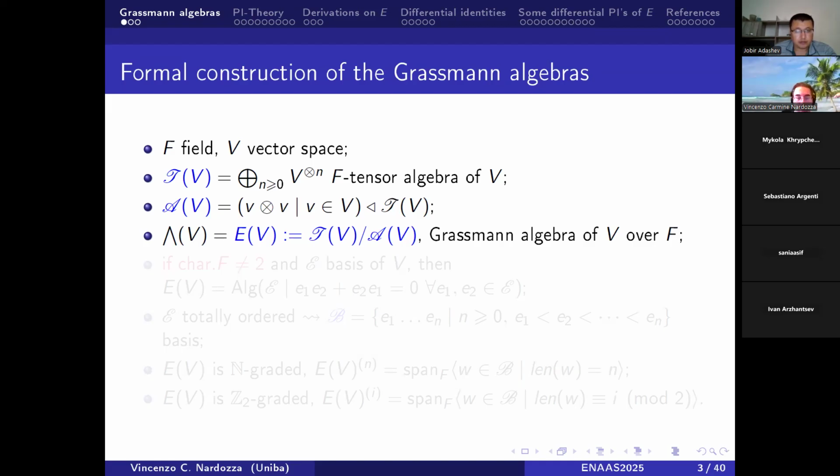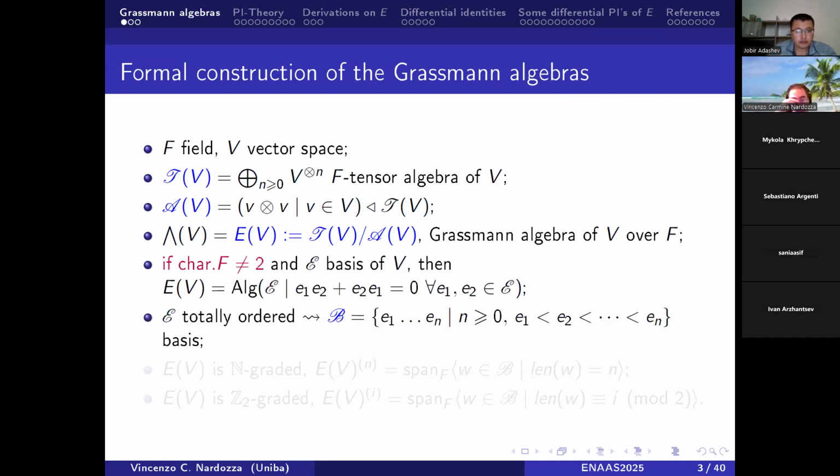The E means exterior. Okay, these constructions, in fact, work in general, starting more generally from a module over a commutative ring C. But here we have a vector space over our field, and so we can give another presentation of the Grassmann algebra, because if the field is of characteristic different from 2, and we fix any basis of V, the formal presentation is basis free, independent from the basis.